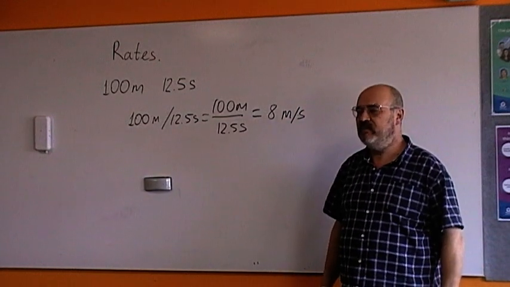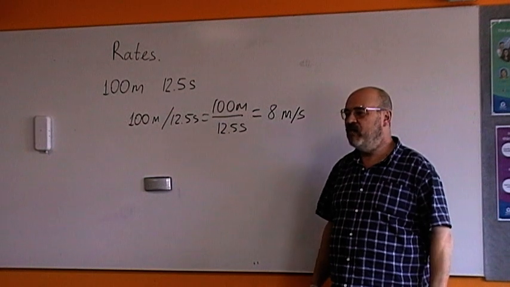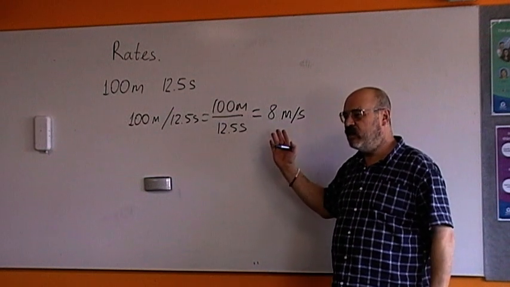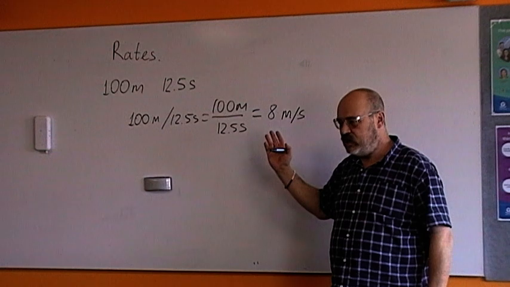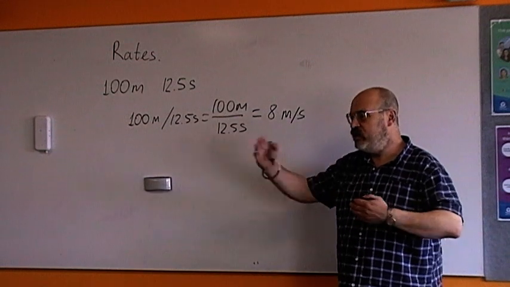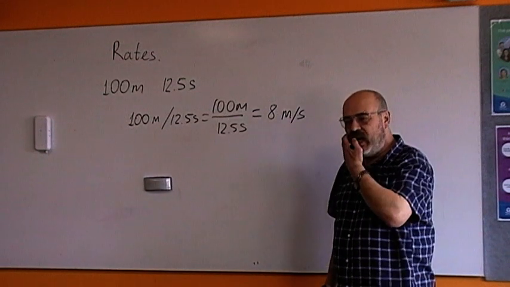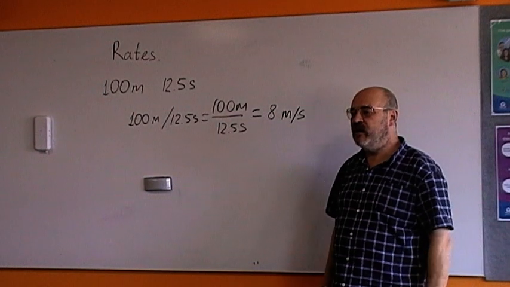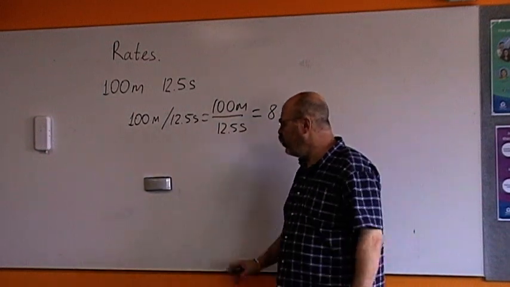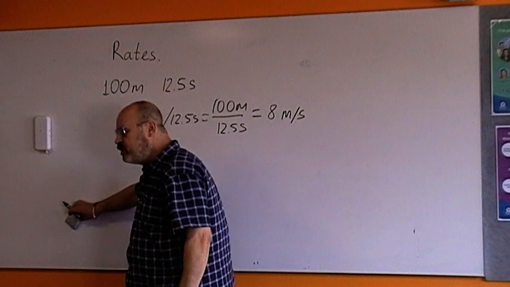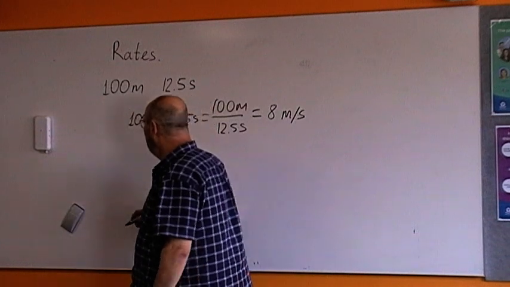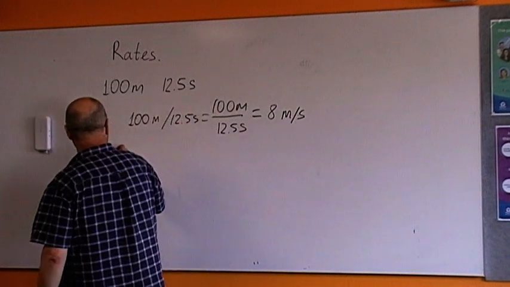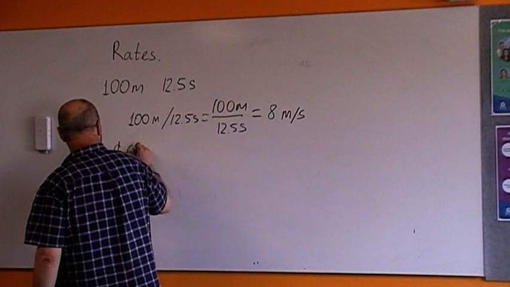Another example. Is that how they find kilometers per hour? Yes, it's a rate, how the distance is changing. Let's say Jesse is working at McDonald's. He worked 4 hours and earned $60.